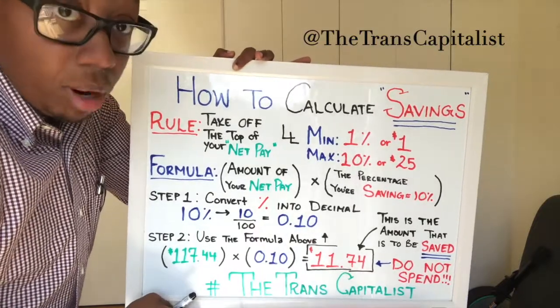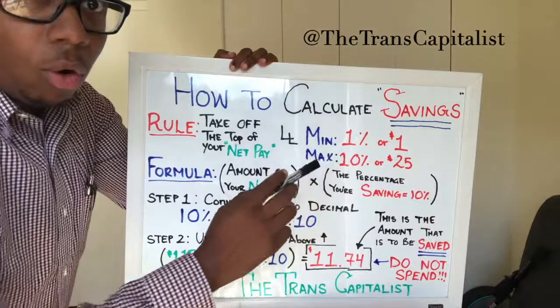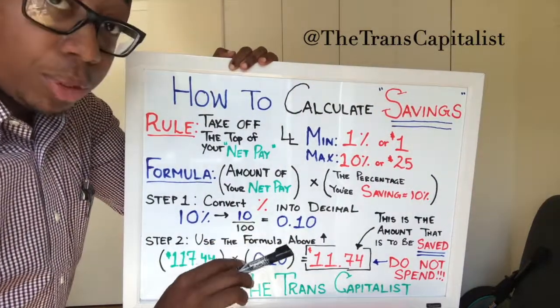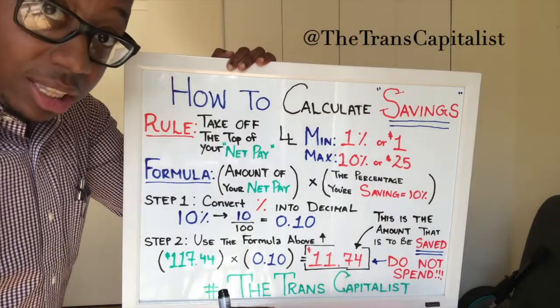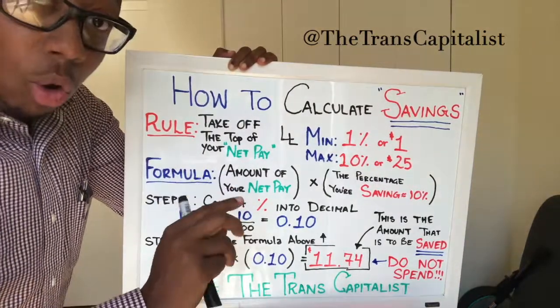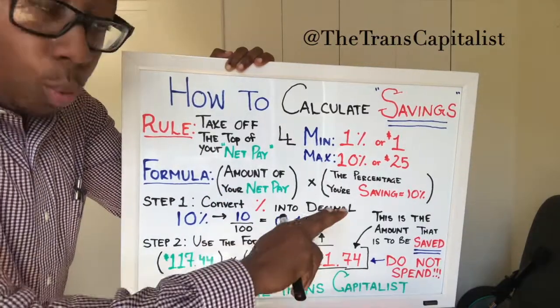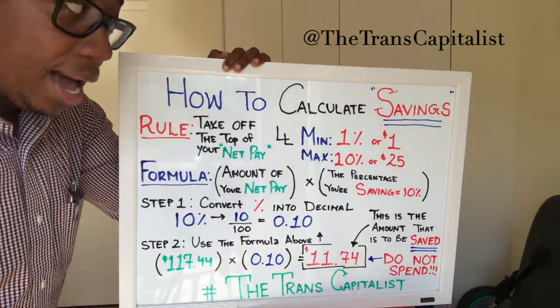So the minimum that you should be taking off, 1%. Or if you can't do 1%, you do $1. The maximum, because we're just beginning, if you're able to push it to the limit, go for 10%. Or if you can't, then the maximum that you can do, $25, because you get paid either weekly or bi-weekly.